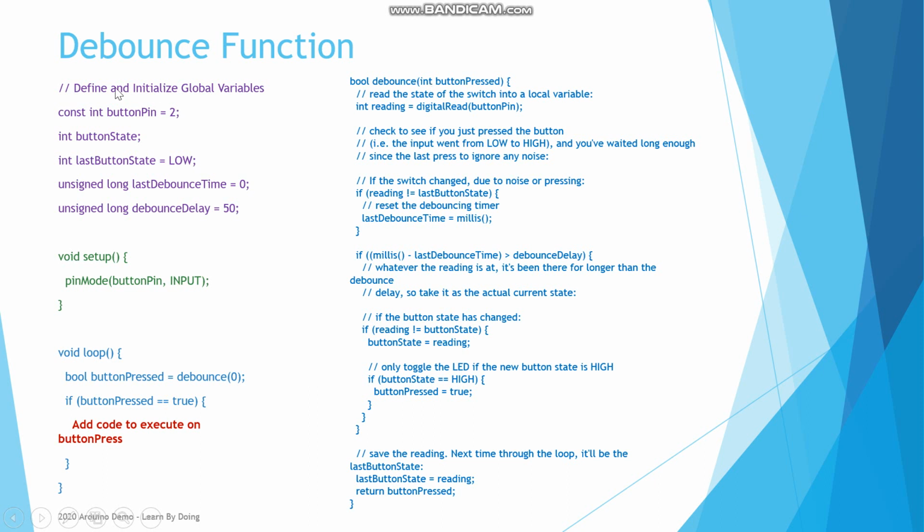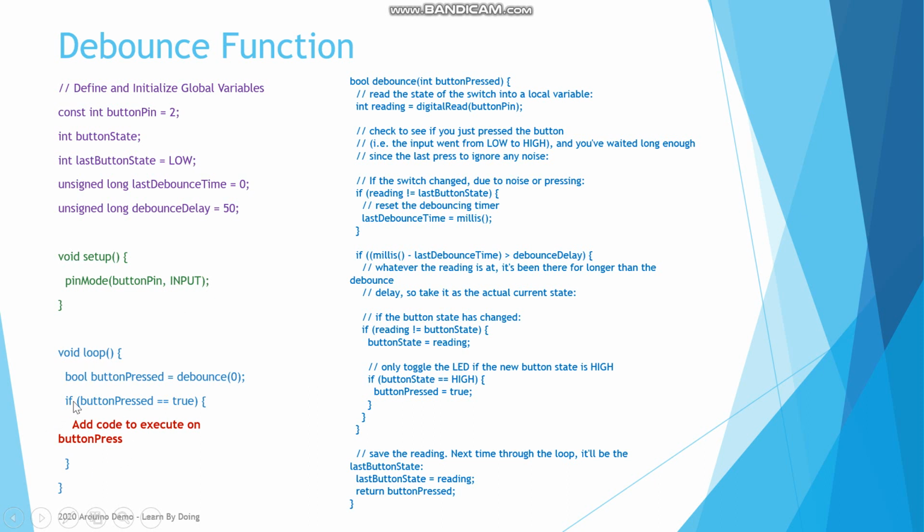What happens basically is I have defined some global variables, which are the same as what came with the original example debounce code. The important thing to see here is the last debounce time, which is 0, and the debounce delay, which is set to 50 milliseconds. Under the setup function I'm defining the D2 button pin again as an input.